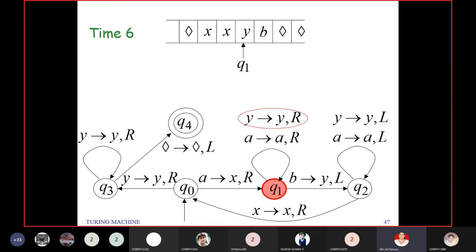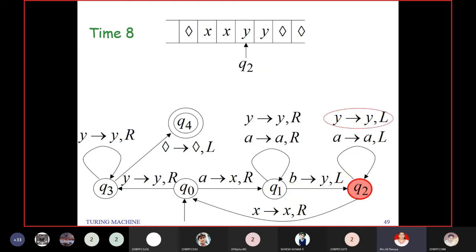And if there is Y, meanwhile keep Y as Y but move forward. So now you have got B, so convert it to Y and move backward and make a transition.